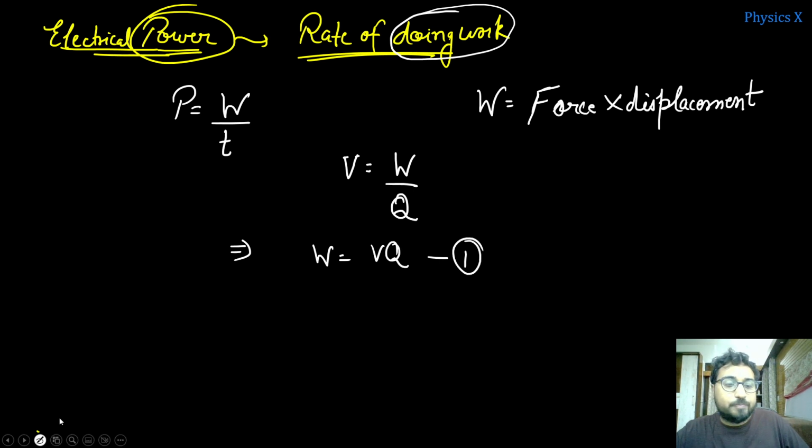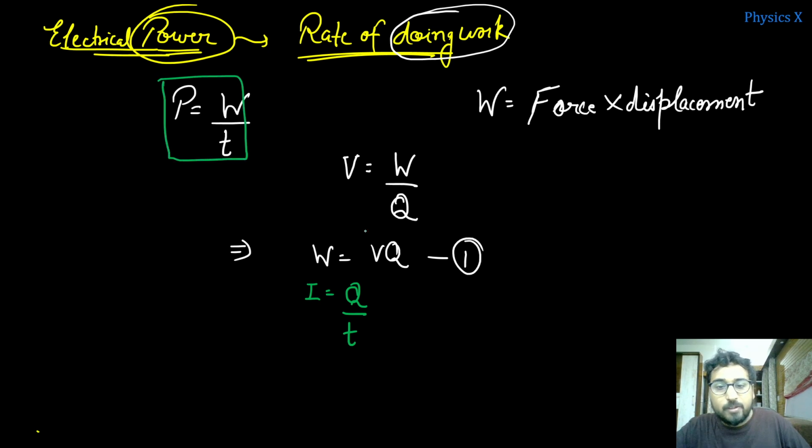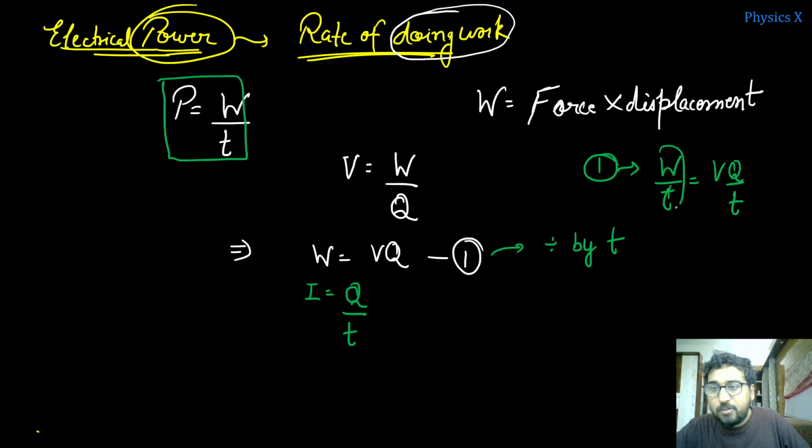Also, we know that I is nothing but Q upon T. Right, and we know that power is equal to work done by time. So if we divide this by time, we'll be getting work done by time is equal to VQ by T, and this is nothing but power.